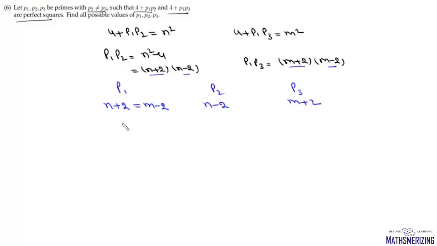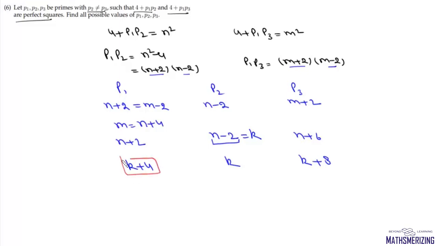Now from this first result we can write m equals n plus 4. So P1 is n plus 2, P2 is n minus 2, and P3 is m plus 2, which is n plus 6. Now since this is the smallest one, we'll say this value is k, then the others are k plus 4 and k plus 8. So we must get P1 as k plus 4, P2 as k, and P3 as k plus 8.